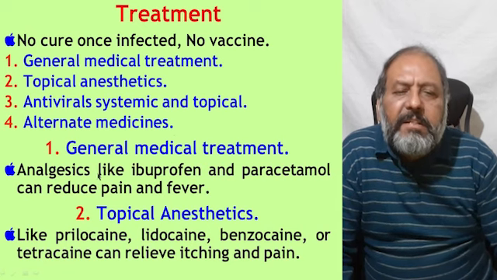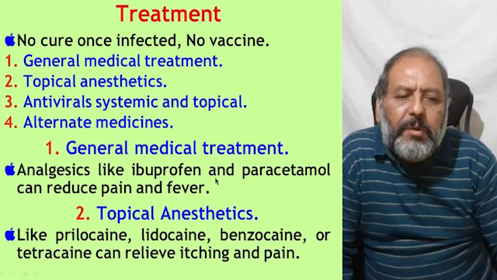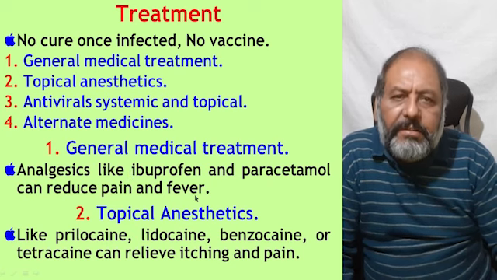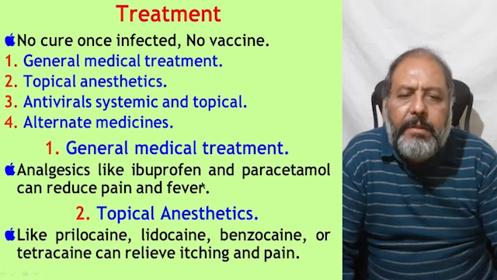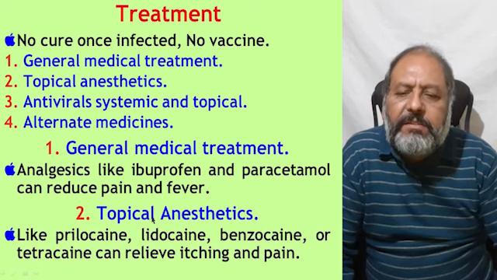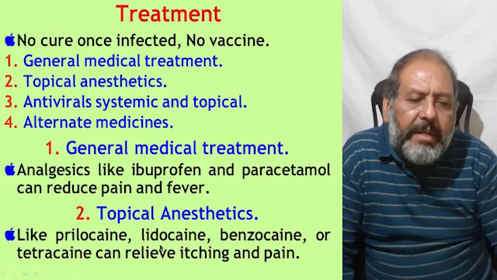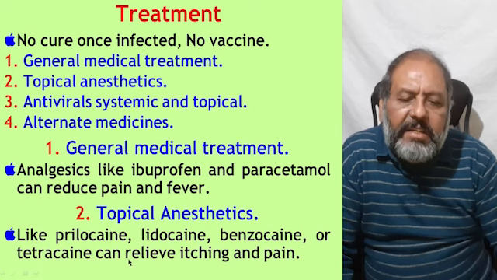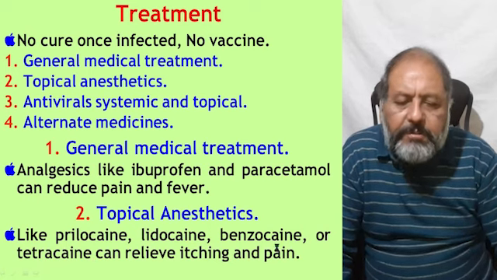The first, general medical treatment, is analgesics like ibuprofen and paracetamol, which can reduce the pain and the fever sometimes associated with this disease. Then topical anesthetics like prilocaine, lidocaine, benzocaine, or tetracaine can relieve the itching and the pain of the blisters.